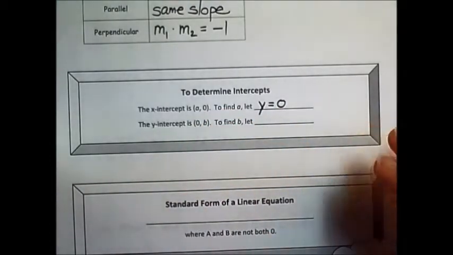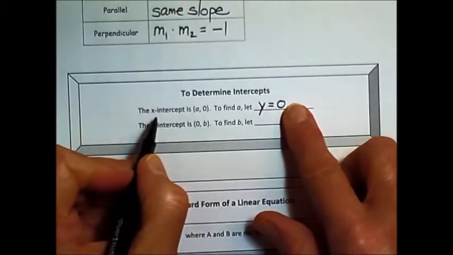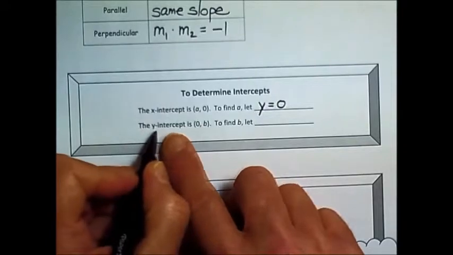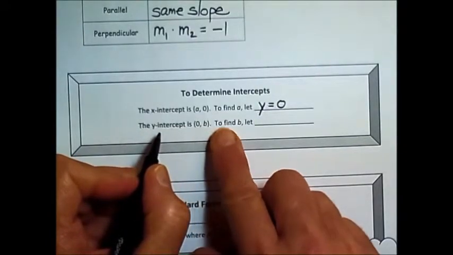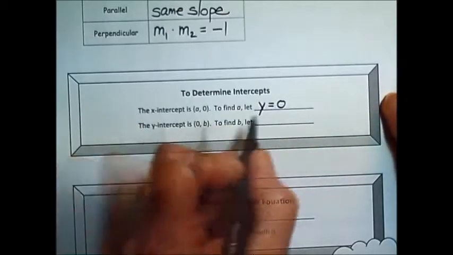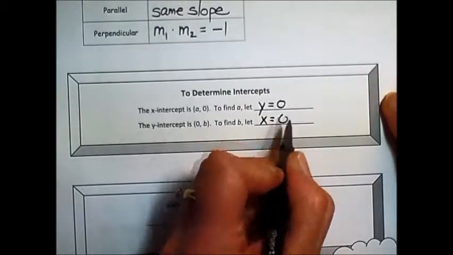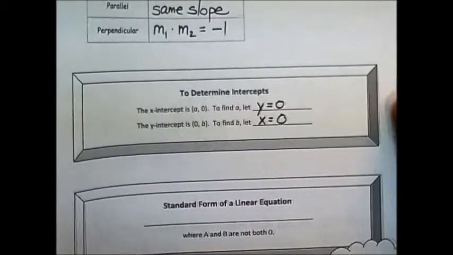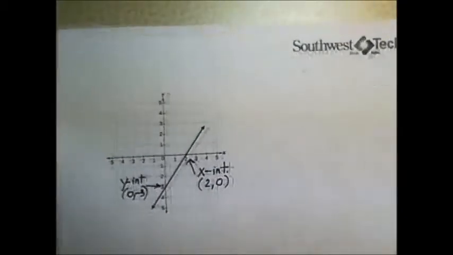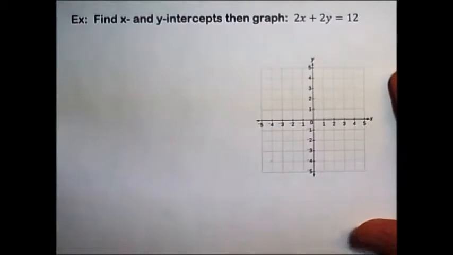It's like the opposite of what you're working with. We're looking for an x-intercept, but we let y equal 0. And to find the y-intercept, which we saw when we were working with slope-intercept, to find the b, we are going to let x equal 0, so that we end up with that point that lands on the y-intercept.